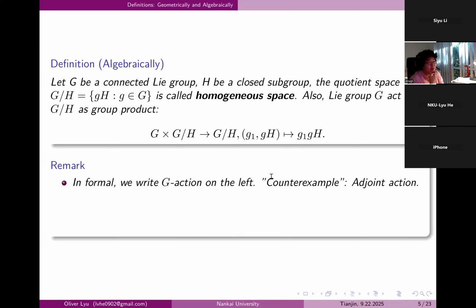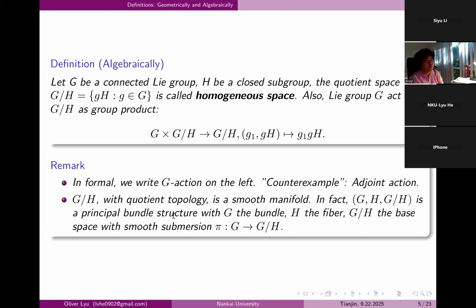Okay. For the first remark, we just write G acting on the left, and there are a lot of group actions that might not be left actions. For example, we can make a counterexample with the adjoint action. When you write it down, you can see it is G H G inverse, right?